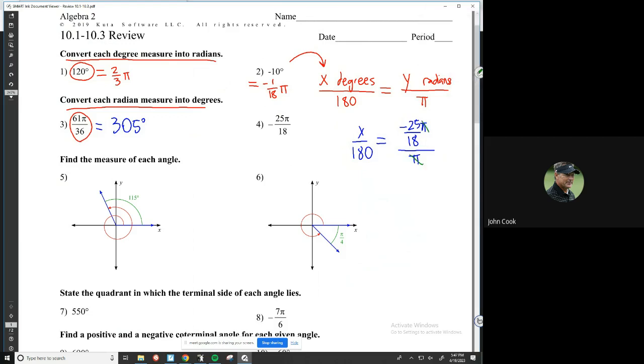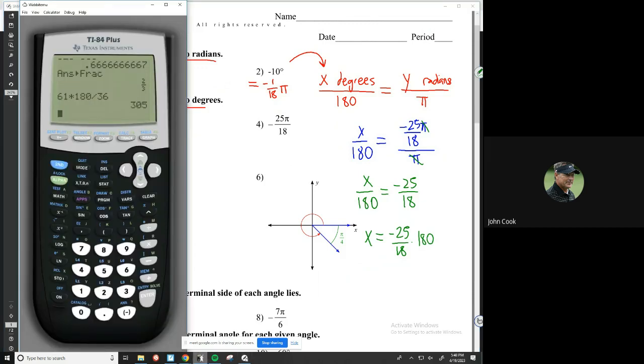So you get a brand new fraction: x over 180 equals negative 25 over 18. Then you just multiply both sides by 180, and you get your answer. x equals negative 25 over 18 times 180. Type it into your calculator, and you'll get some nice answer. Let's see, negative 25 over 18, and then times 180.